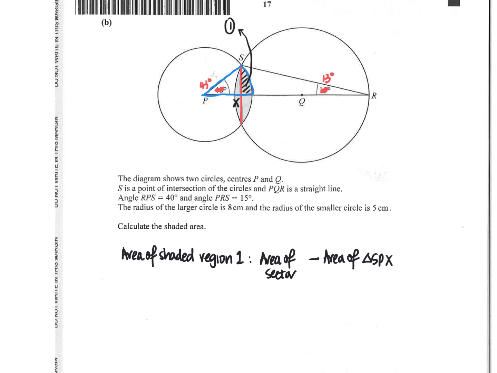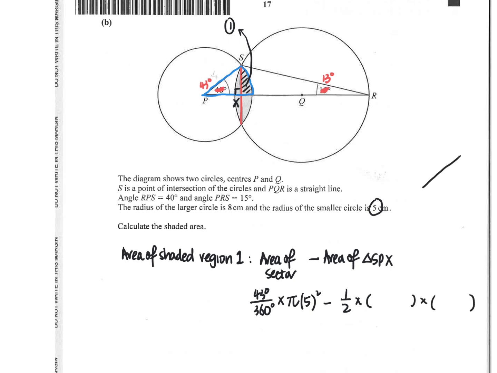Okay, so area of sector, I just have to use the angle there, 43 degree over 360 times pi r square. So in this case, the small circle, the radius is 5. So I times pi r square. Take away the area of that triangle you see there. So you need to do a half times base times height.